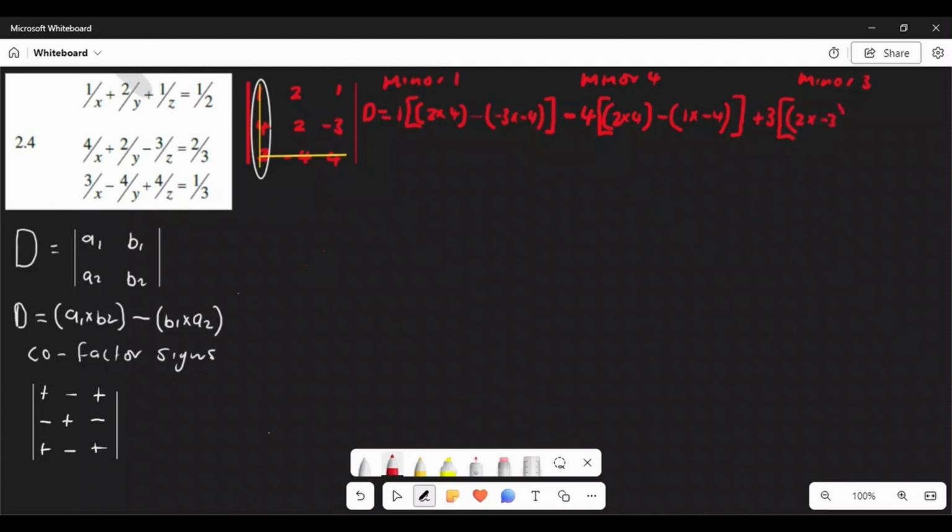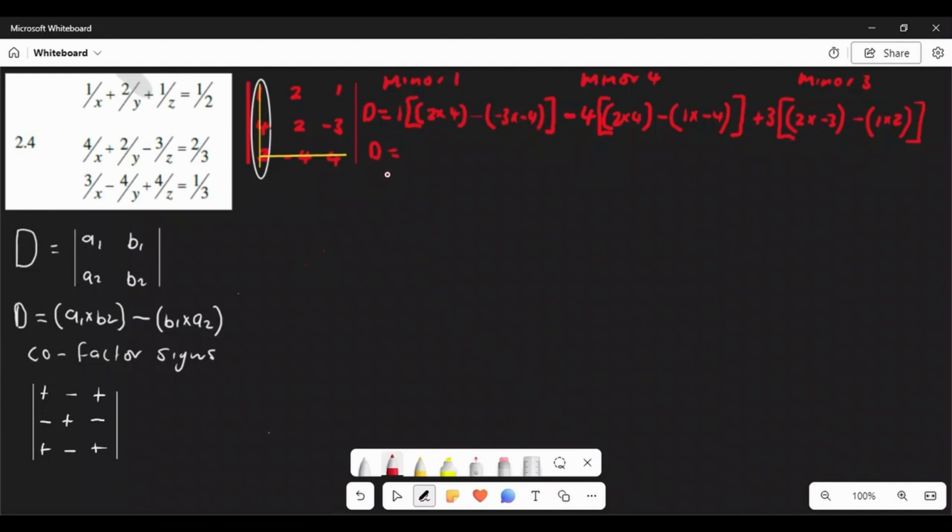All right, and then we say minus. Remember this formula, you minus them, then b1 multiplied by a2, which is 1 multiplied by 2. So this is how you actually calculate the determinant. Try not to put everything in a calculator, you might make a mistake.